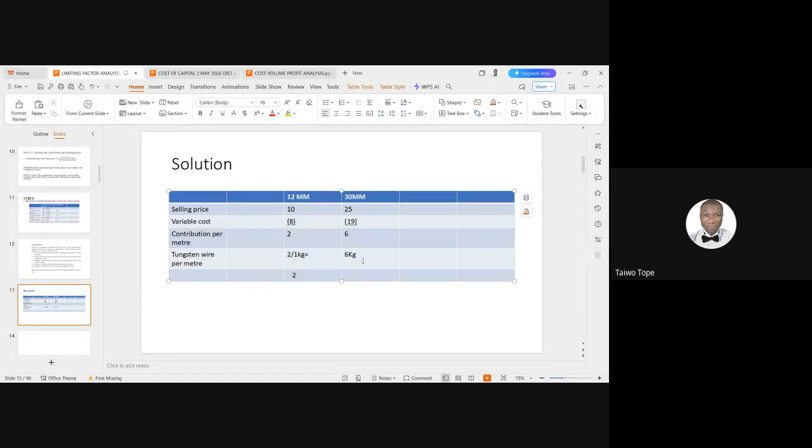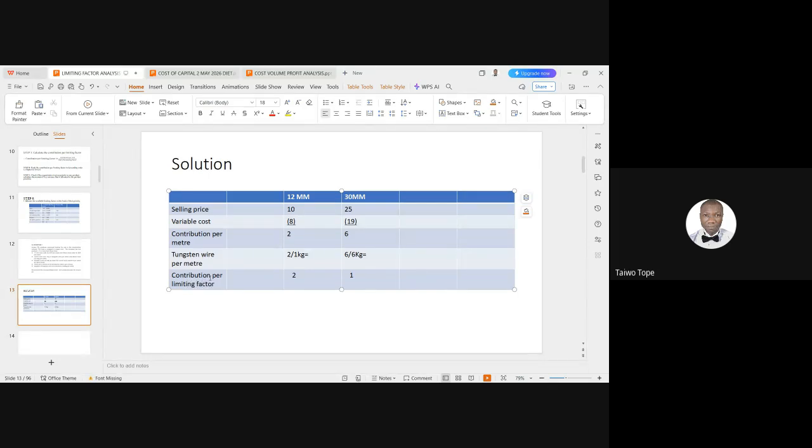Here, it will be 6 divided by 6 kg. The result will be what? 1. So this is contribution per limiting factor.